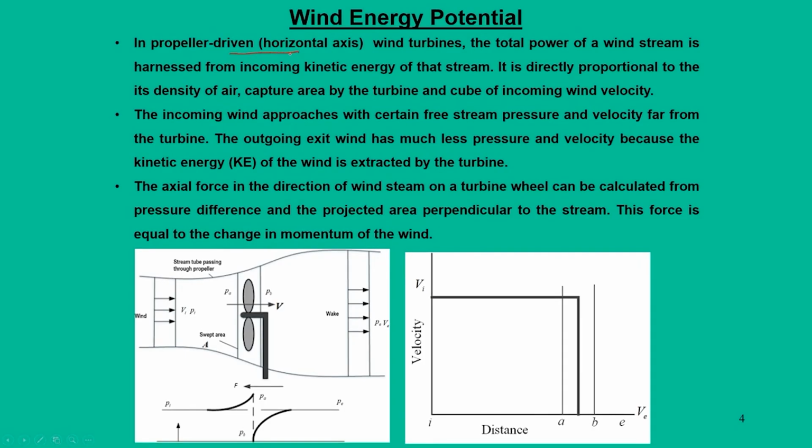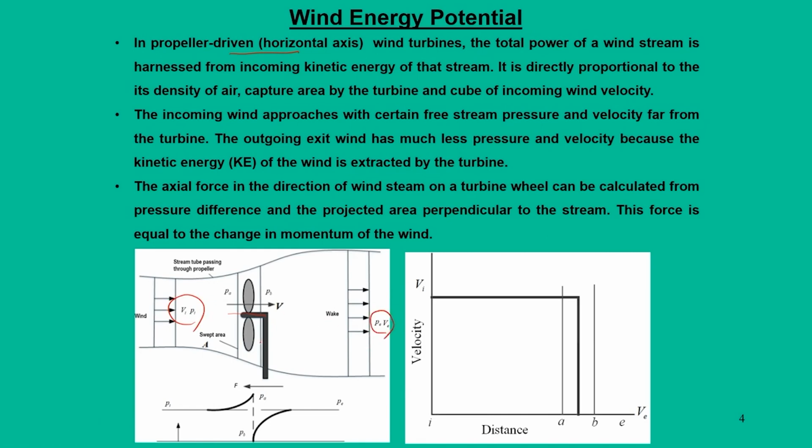In our last lecture we discussed propeller driven or horizontal axis wind turbines, where the turbine is installed in a manner that the direction of the wind and the axis of rotation are parallel to each other. Based on our analysis, we imagined a stream tube which passes through the propeller, and wind has its initial velocity, enters this stream tube and leaves at some exit pressure and velocity.